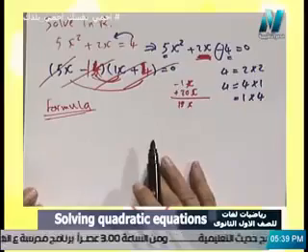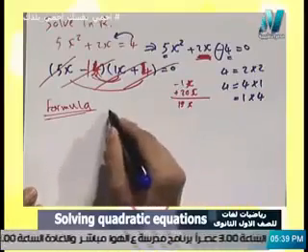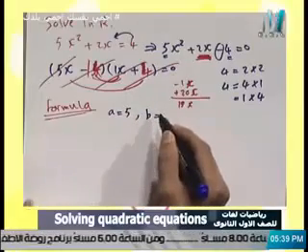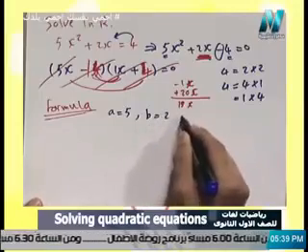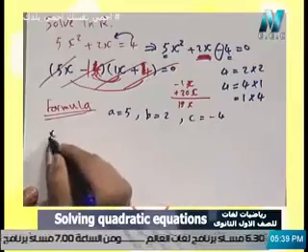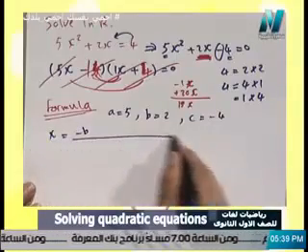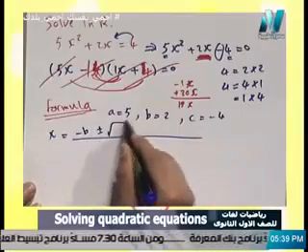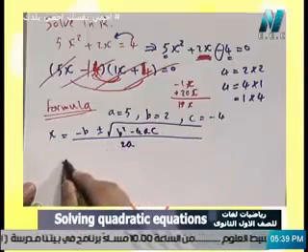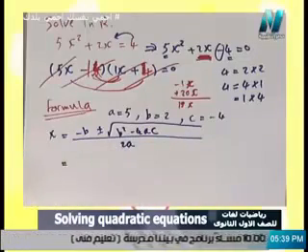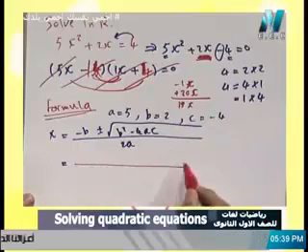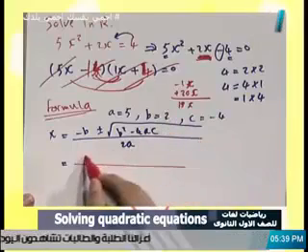We cannot factorize it. So we here have A equals 5, B equals 2, and C equals negative 4. Okay? And we know the formula is negative B plus or minus square root of B power 2 minus 4AC over 2A equals, we will substitute about A, B, and C. Negative B means the converse of 2, which is negative here.